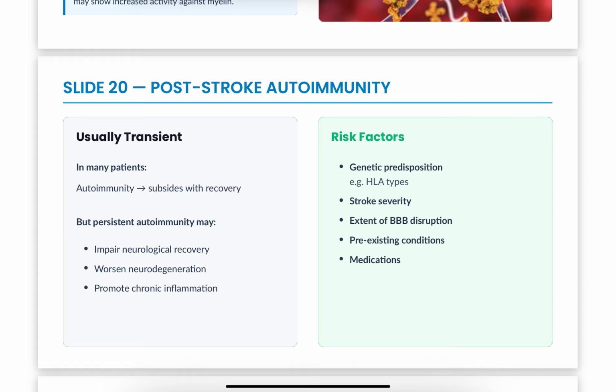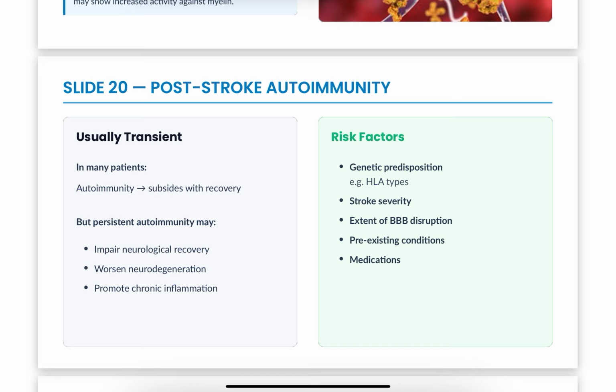In many cases, when the patient recovers, the autoimmune response also will go away, it will subside. The problem is when this response becomes persistent. Persistent autoimmunity will interfere with the neurological recovery, worsen the degeneration, and promote chronic inflammation. There are several factors that may influence whether this happens or not.